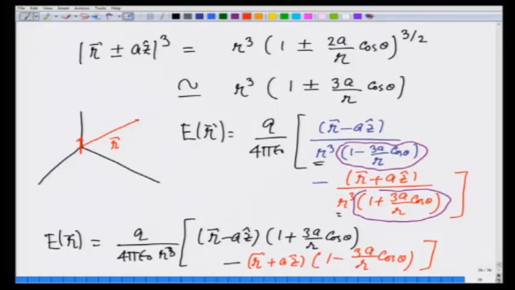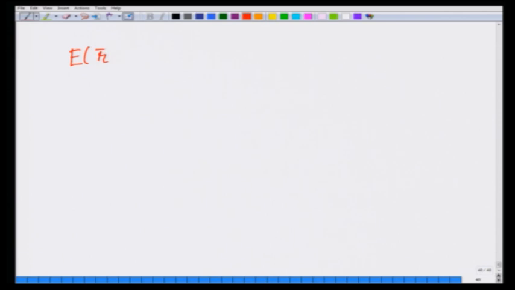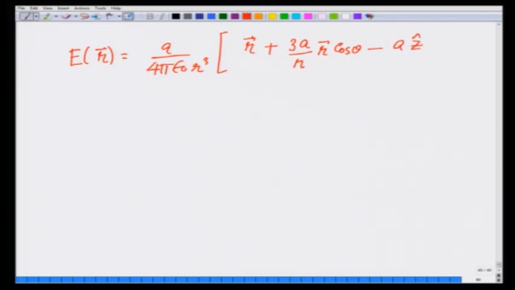I will again expand this, keeping terms only up to first order in a, and what I get is E of r is equal to q over 4 pi epsilon 0 r cubed, r plus 3 a over r vector cosine of theta, minus a z, minus r plus 3 a over r vector cosine of theta, this blue one is the second term, minus a z.